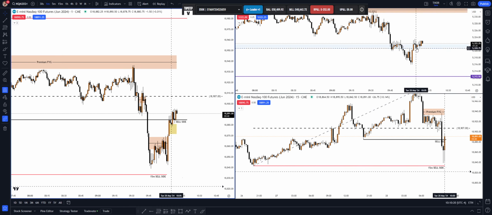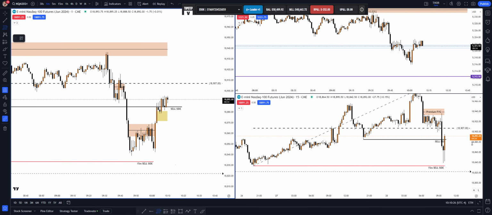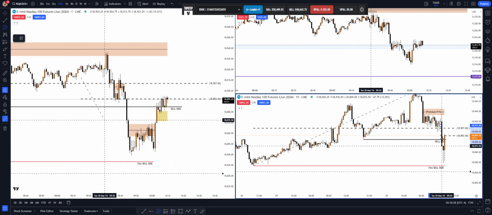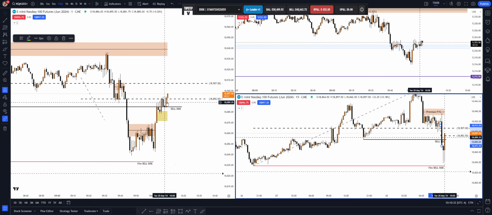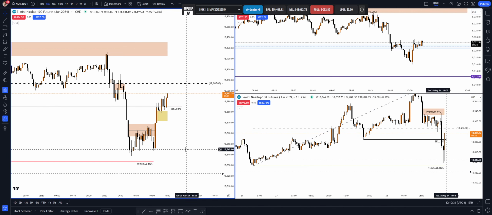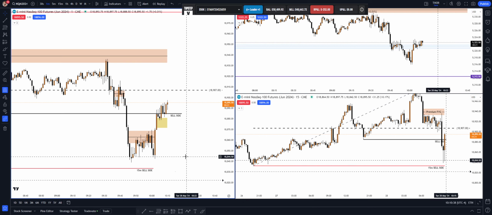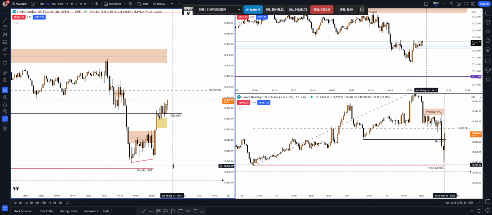Yes, ES is still staying weak. That's the only thing I like. But Nasdaq, I think it's trading into the CE of the 15 minute, but it's not. The order flow is still staying bullish on the 1 minute. And then there is an SMT on the 1 minute here.